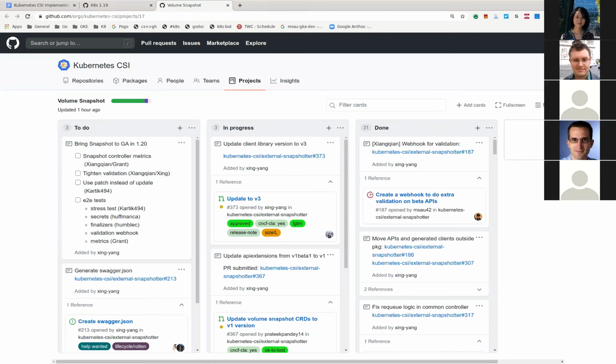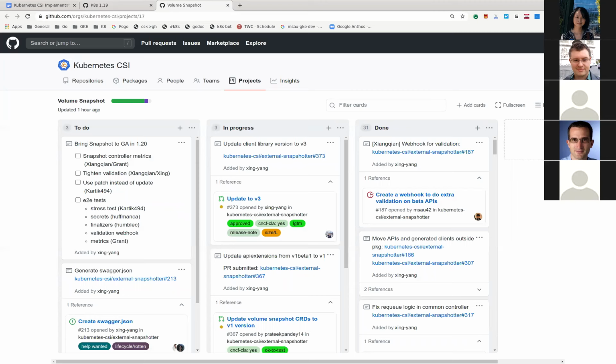One is stressing the actual controllers and the sidecars, maybe using the mock driver. The second set of tests is stressing the whole storage system as well. But in our case, it's going to be stressing the whole test driver.